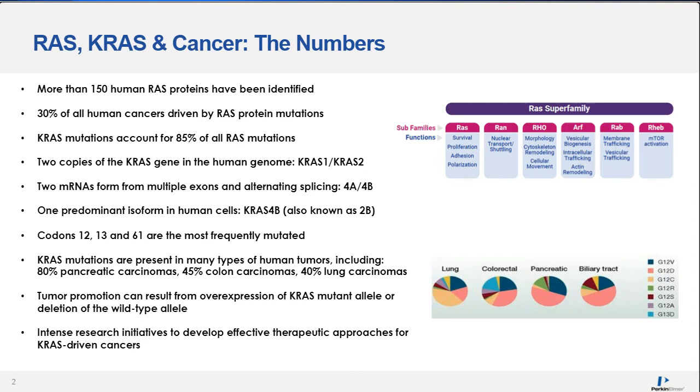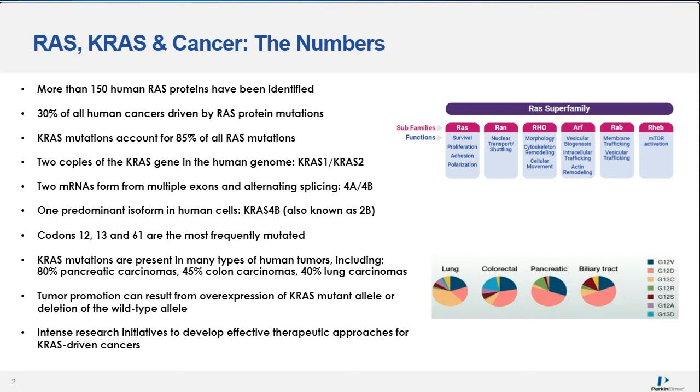The KRAS isoform accounts for 85% of all RAS mutations. Thus, intense research initiatives are underway globally to develop effective therapeutic approaches for KRAS-driven cancers. The human genome contains 2 copies of the KRAS gene.